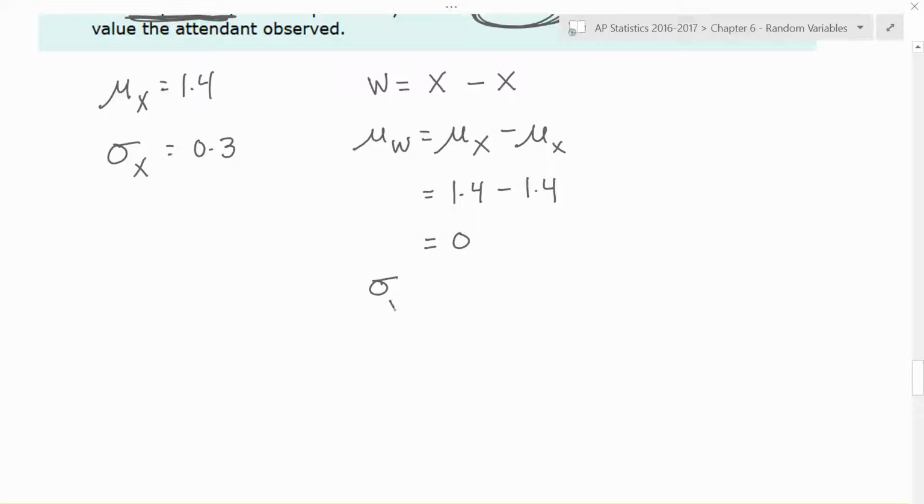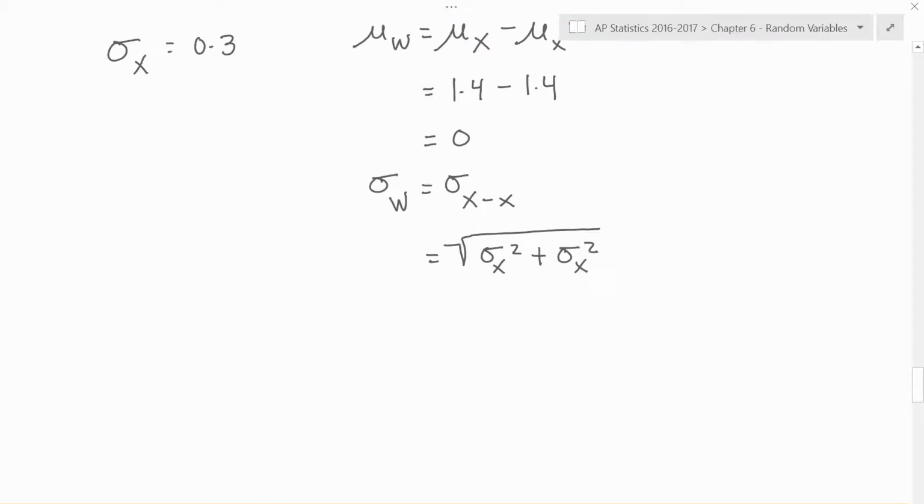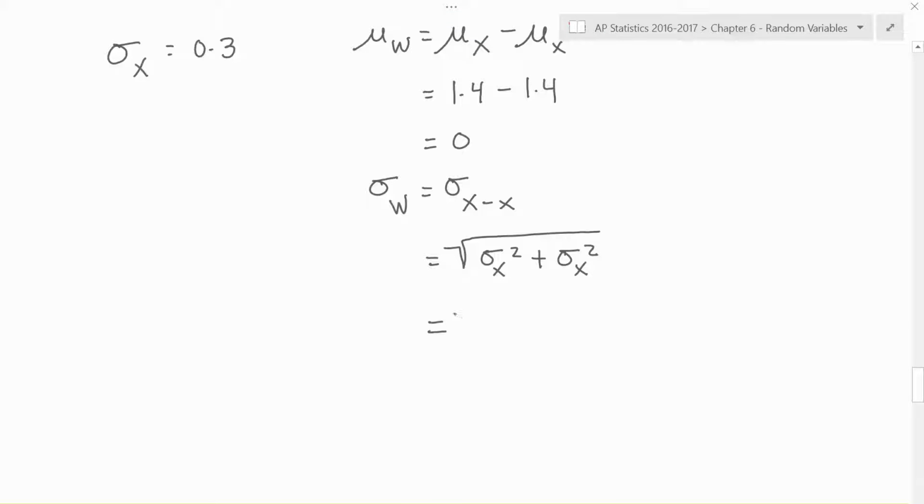The standard deviation of W is the standard deviation of x minus x, which is the square root of the variance of x plus the variance of x. It's really important to remember that even when we subtract random variables, we still add their variances. We get more variability in the distribution of the difference than we do in the individual observations.